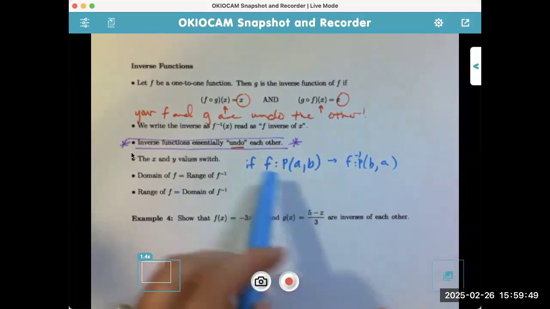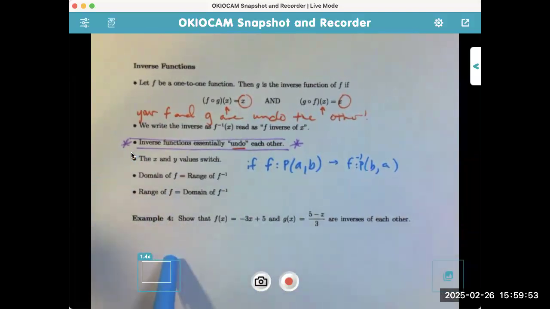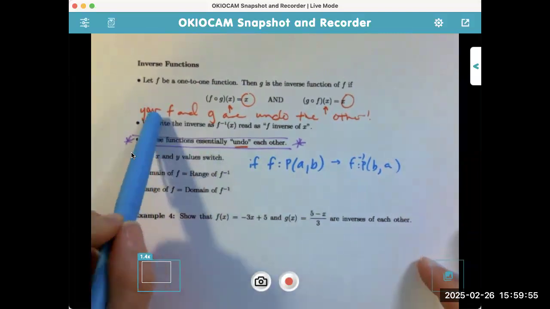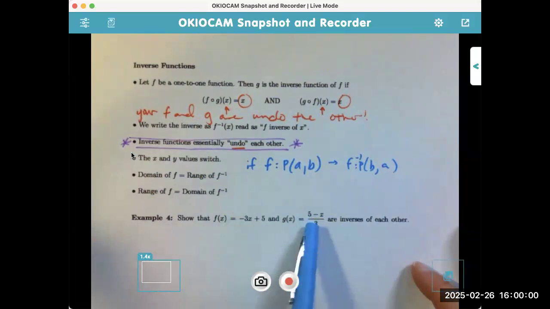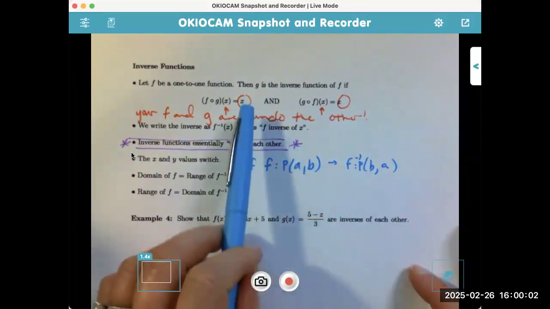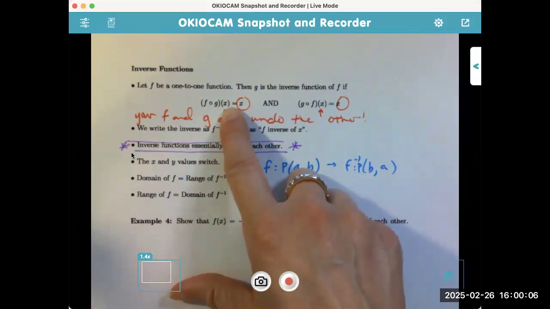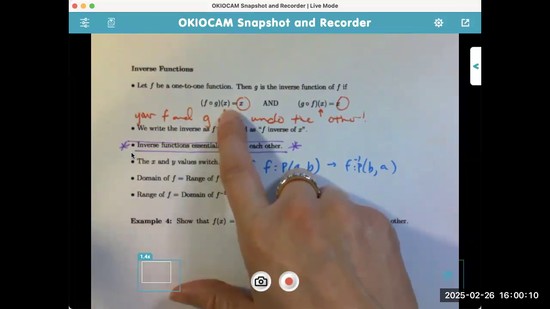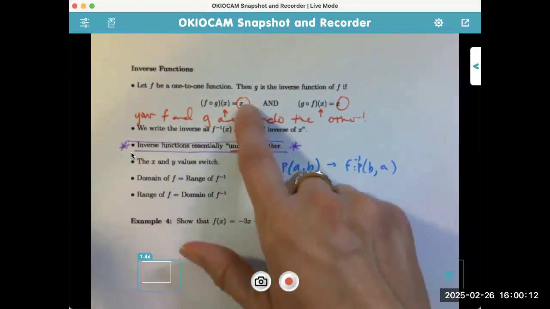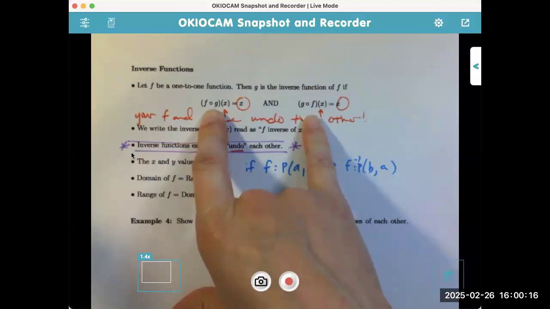So we're gonna keep this in mind when we show that, actually we're gonna do this one right here. We're gonna use the composition of functions to show that f and g are inverses of each other. So remember, I think of this as like laundry. You pull clean clothes out of your closet, you wear them, you get them dirty, you wash them, dry them, you put them back in your closet. f composed with g, g composed with f, that's like your washer and dryer.